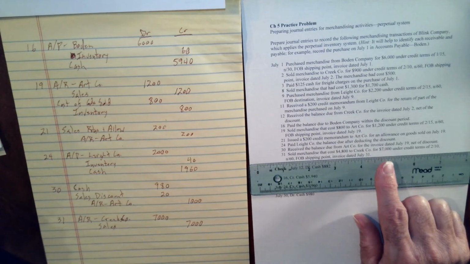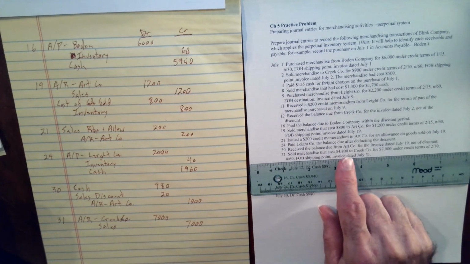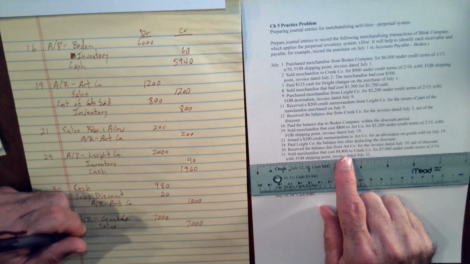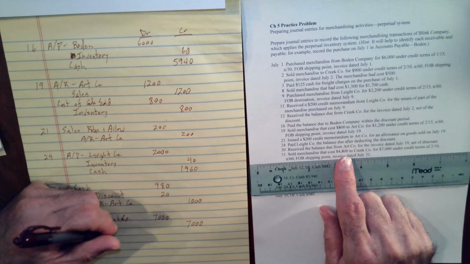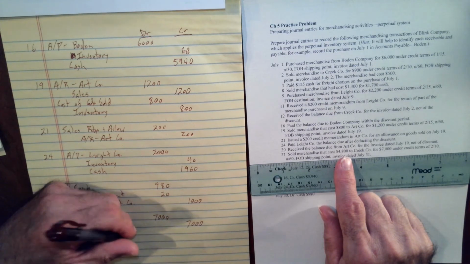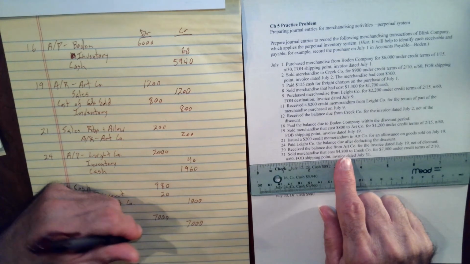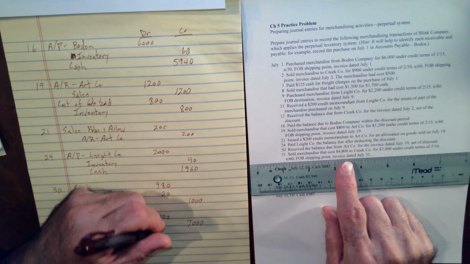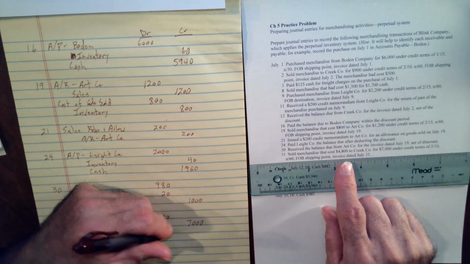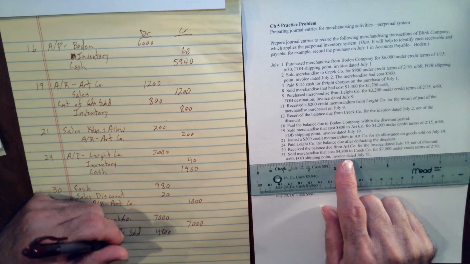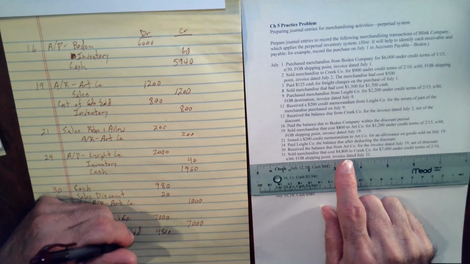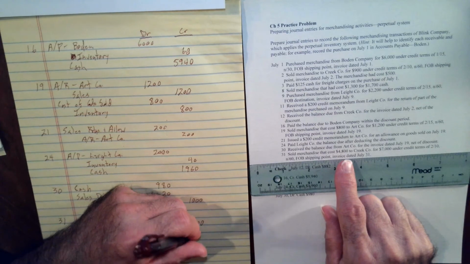And of course this is a two-step process, so I have to record the transfer of inventory to cost of goods sold, $4,800, and it came out of inventory for $4,800.